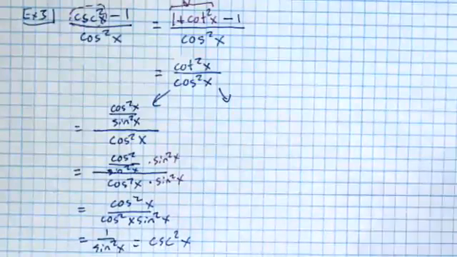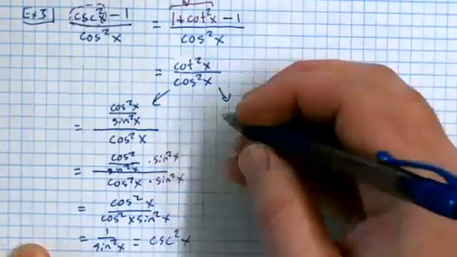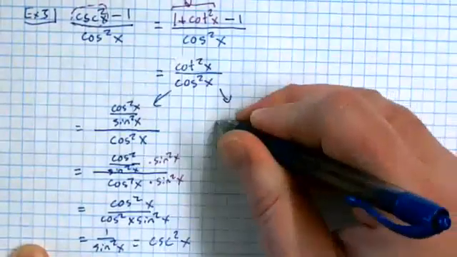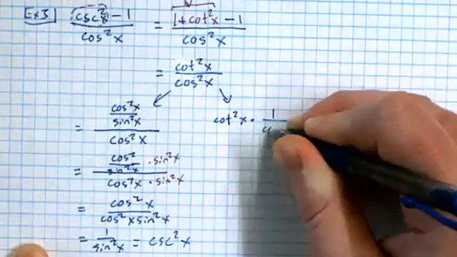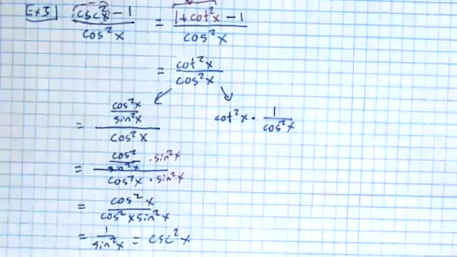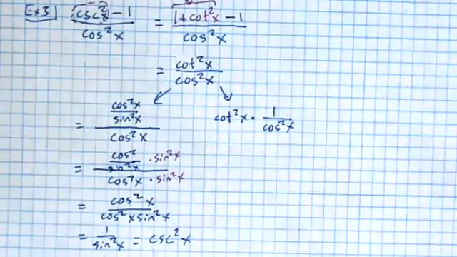Now, here's a more straightforward way that I would deal with it. Rather than go to fractions inside of fractions, I would leave this alone, but I would call it cotangent squared x times 1 over cosine squared x. That's how I would have tackled this. Instead of dividing it, we're multiplying it by its reciprocal. That's what you just suggested a moment ago, Franklin, right?